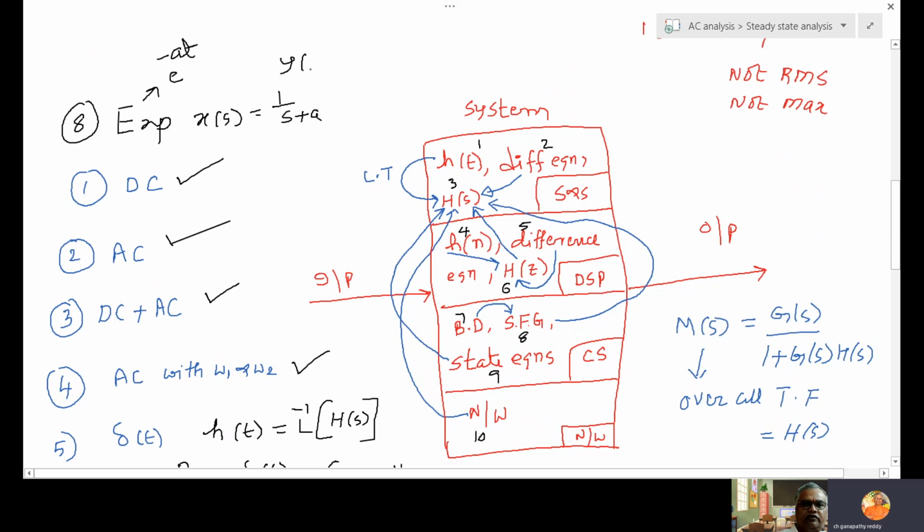So y of t is L inverse of X of s times H of s. Because this exponential, if you differentiate any number of times, you get exponential only. If you integrate any number of times, again you get exponential only. That is the reason when the input is exponential, you go by Laplace transform and find the output.